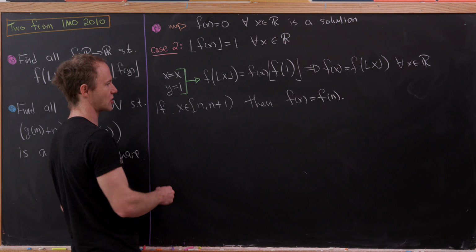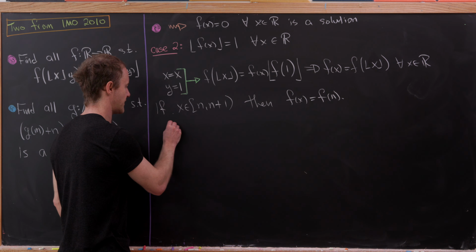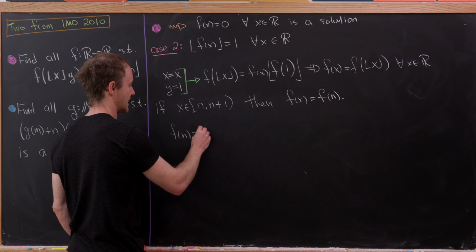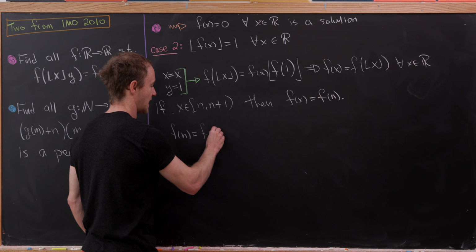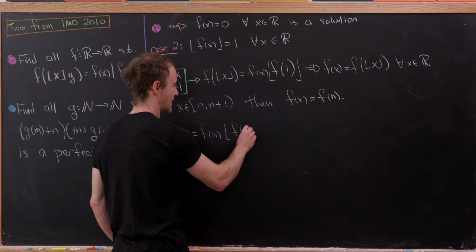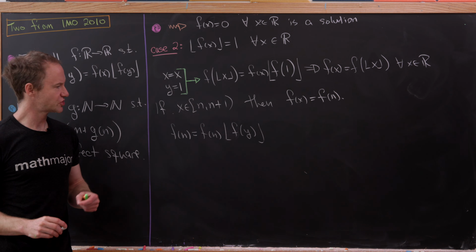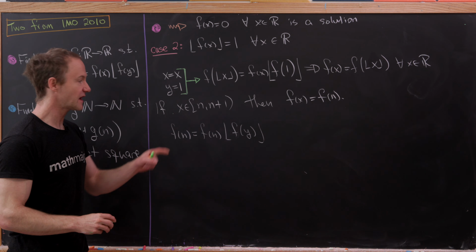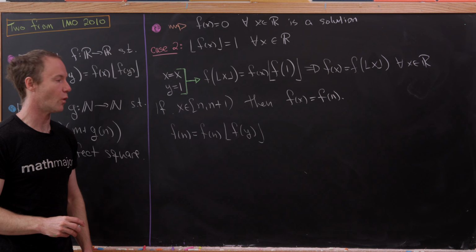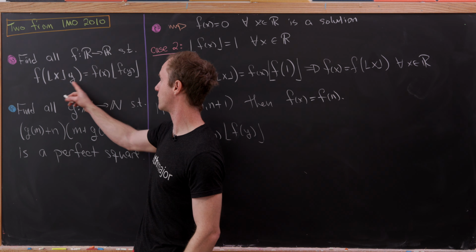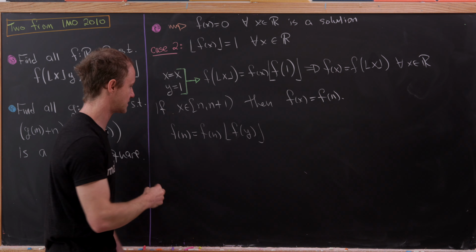So let's start over here with f of n, and observe that I can write that as f of n times the floor of f of y for any choice of y. Now, what choice of y should I take? Well, I think a good choice would be 1 over n, because that's going to give us some simplification if we apply our functional equation.